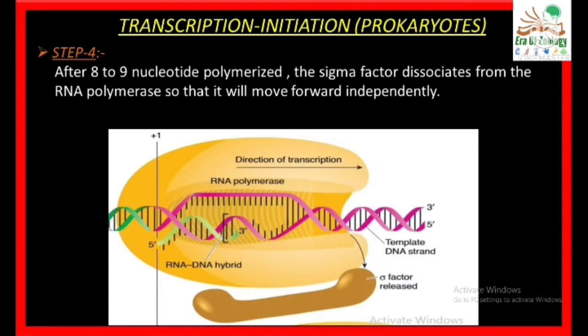In the fourth step, after 8 to 9 nucleotides are polymerized, the sigma factor dissociates from the RNA polymerase so that it can move forward independently.